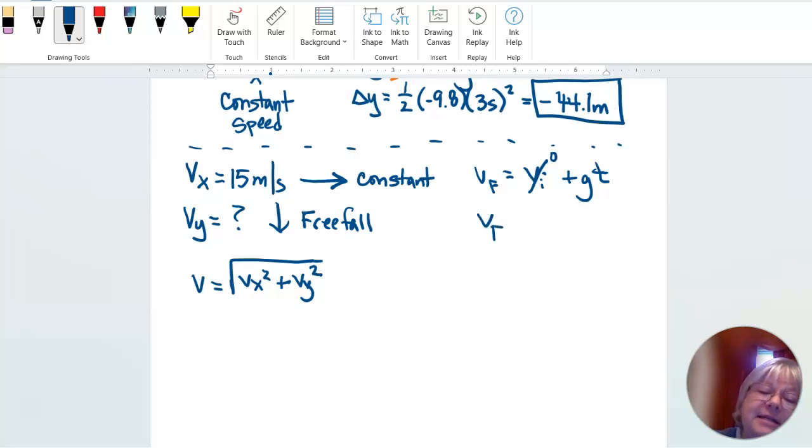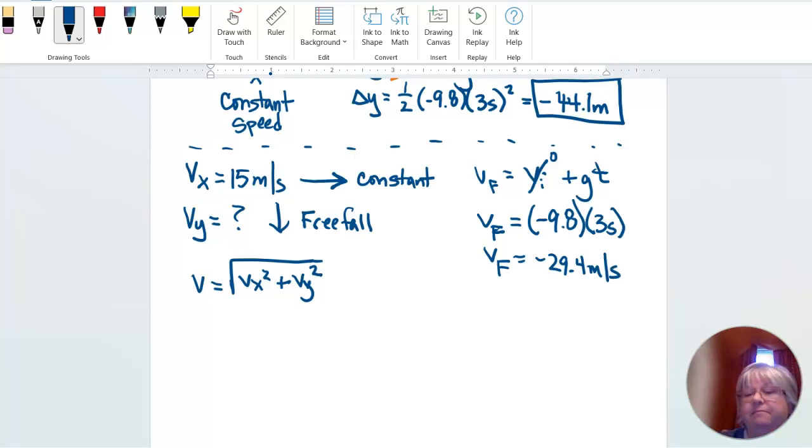So I can say his velocity in the y direction is going to be negative 9.8 times 3 seconds, or, I already calculated it, negative 29.4 meters per second. That's the speed that he gained as he was dropping.